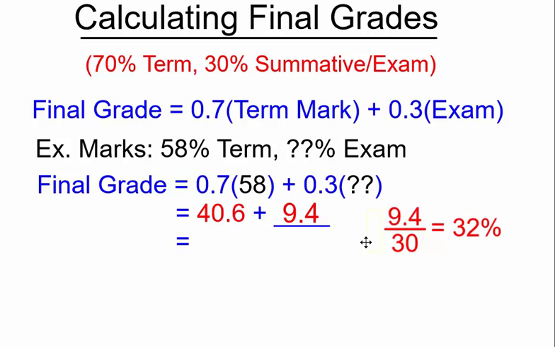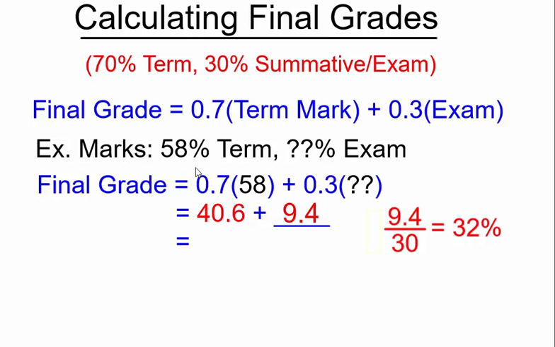We need to get 9.4 out of the possible 30 marks on the exam, or approximately 32% on the exam in order to pass. So you can see here, even with a 58 term, which isn't a great mark compared to a 50 pass, I still only need 32% on the exam to actually pass the course.